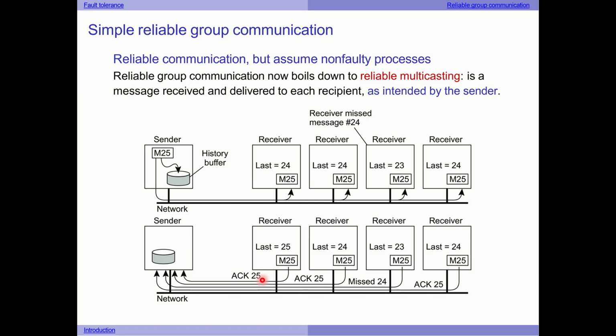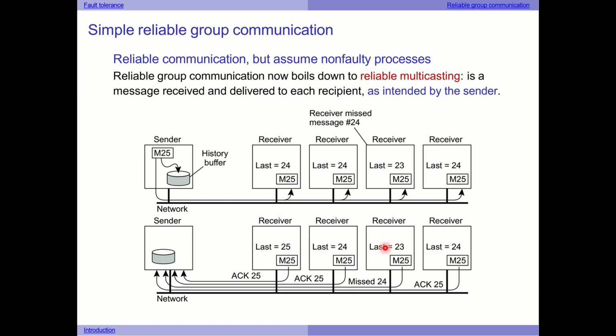A receiver can suspect there is a missing message when it receives a message number higher than the current message. For example, here the message number is M25, and the last received message of this receiver is 23.